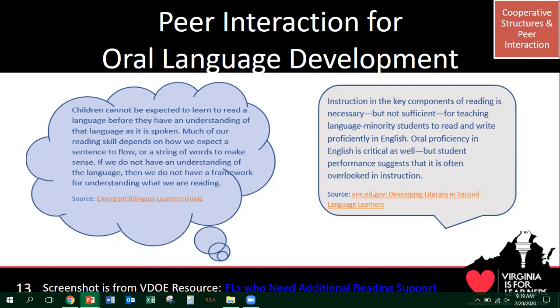This is not to say that reading would not happen at the same time as students are developing those skills simultaneously once they are at school age. So we're using the oral language skills that the students have to extend into the reading and the writing. But we want to make sure that part of any literacy program for English learners, they have to have that speaking practice related to the content or what they're reading.